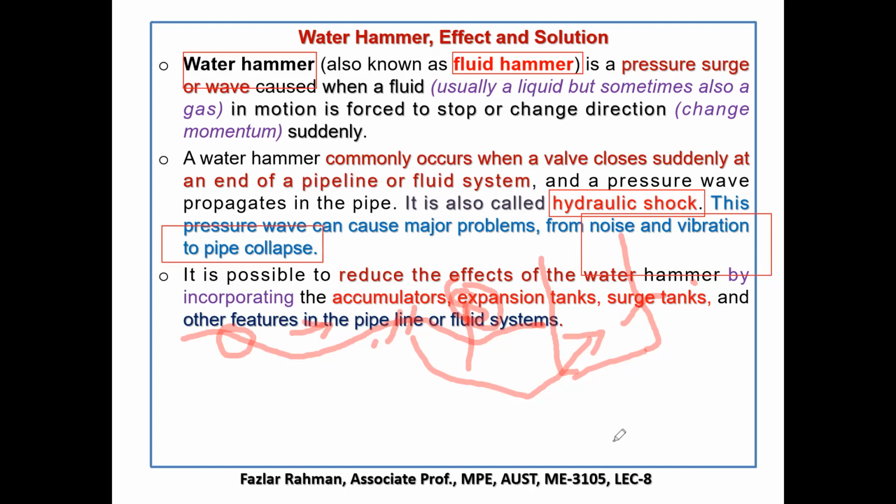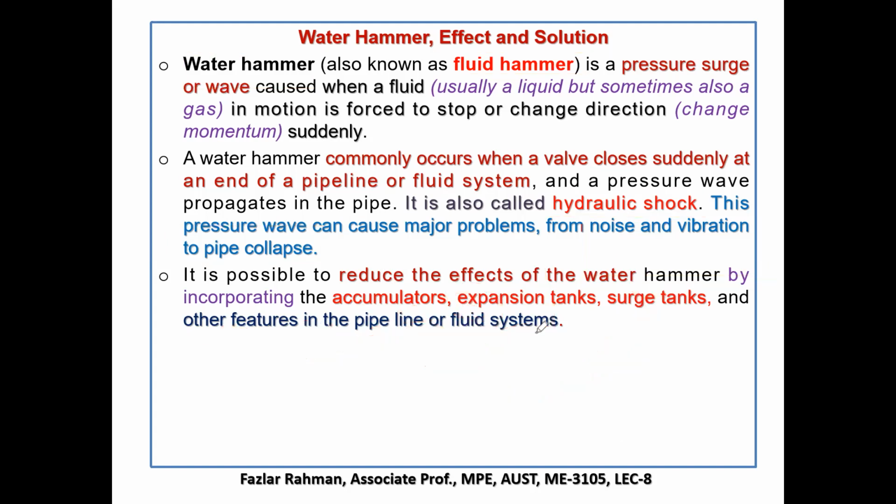So how can you minimize this water hammer? It is possible to reduce the effect of water hammer by incorporating some systems in the fluid system. Number one is an accumulator, expansion tank, surge tank, and other features. You need to add those systems, and you can minimize the water hammer.